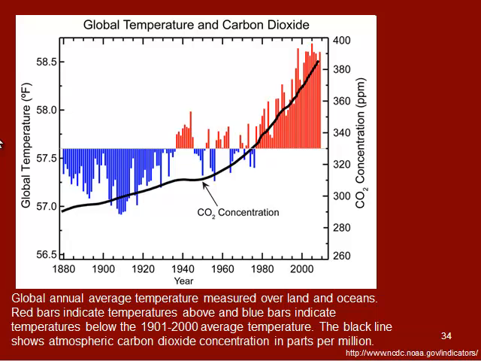Well, we know our carbon dioxide concentration, you can see in this graph, is increasing. This is going from 1880 to roughly 2000, and you can see the CO2 levels increasing dramatically.